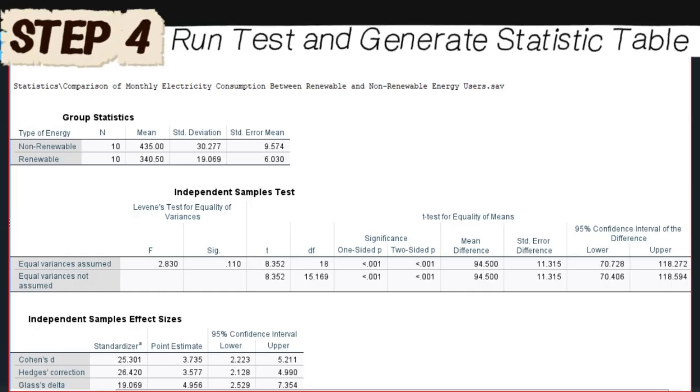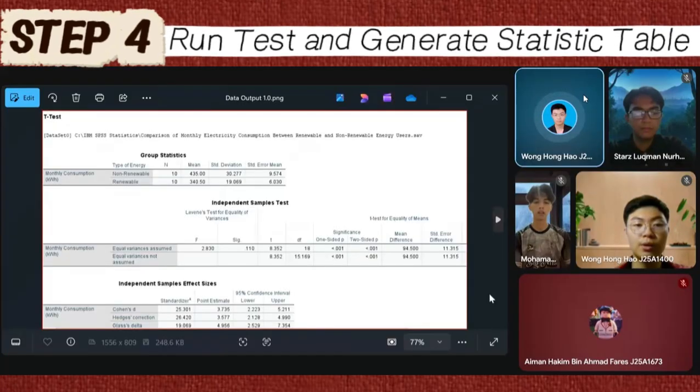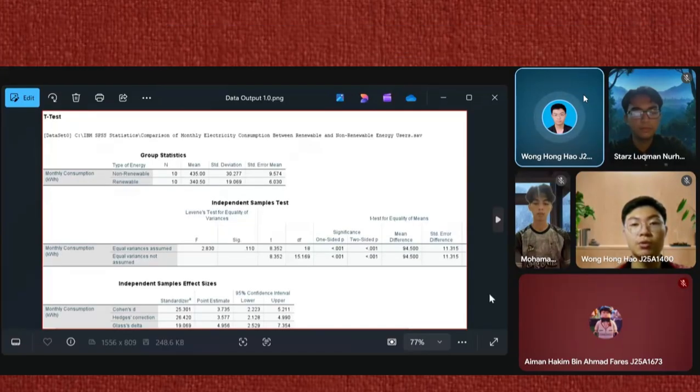For example, non-renewable households may have an average consumption of 435.0 kilowatt hours, while renewable households may have an average consumption of 340.5 kilowatt hours. This indicates that households using renewable energy consume less electricity on average than non-renewable households. And that's from me.